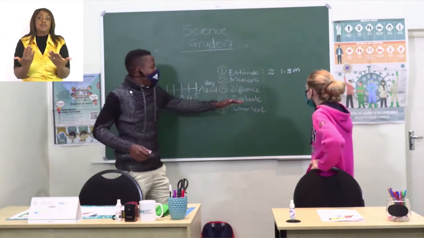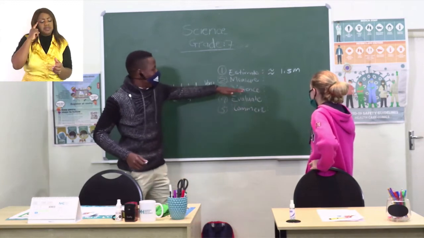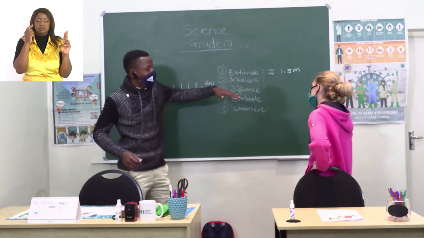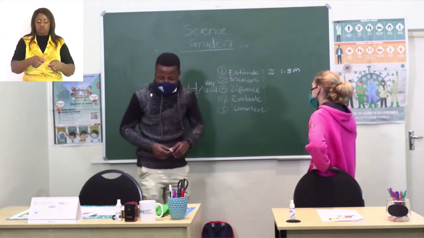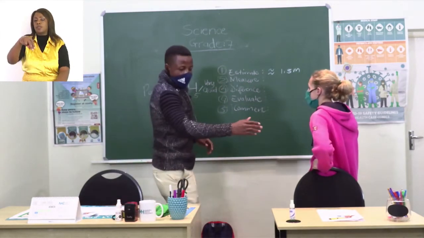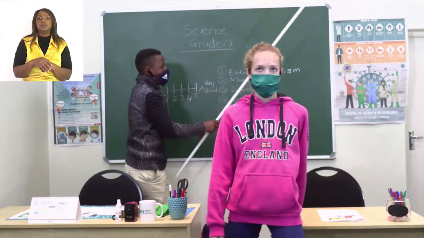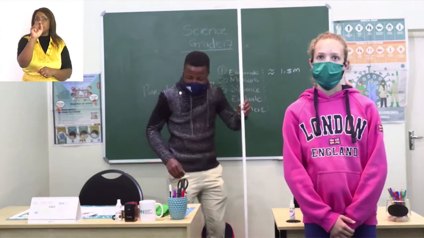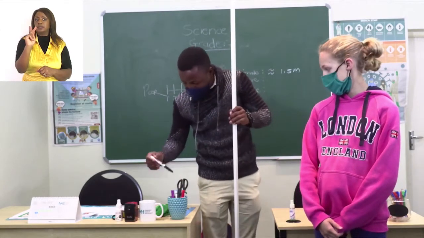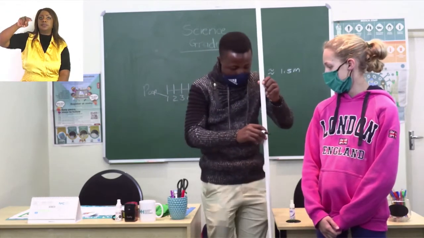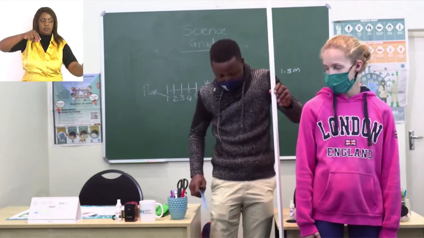Therefore, if I have my estimation, I have to move to the measurement. This is physically done, and you have to measure a person. So just stand for me. I have to make use of a marker to mark where I have to end.